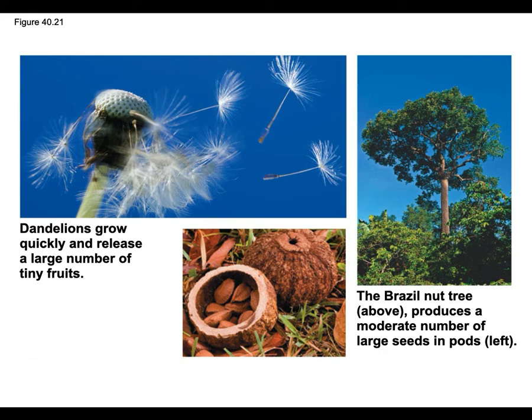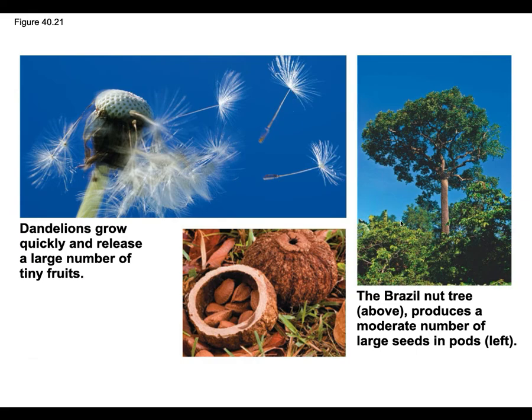Another thing that we can just look at in terms of changes in populations or differences is parental investment. This is sort of related to R and K selection and type 1, 2, and 3. There are some organisms, such as dandelions, that grow really rapidly and release a large number of tiny fruit or seeds into the air. Maybe one of these 100 dandelion seeds is going to become a dandelion.